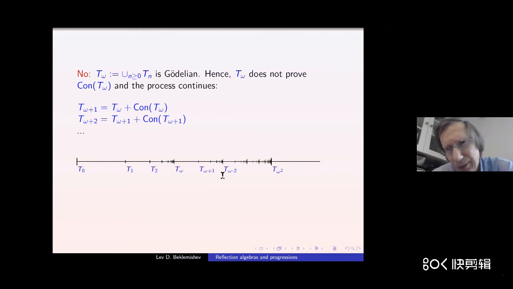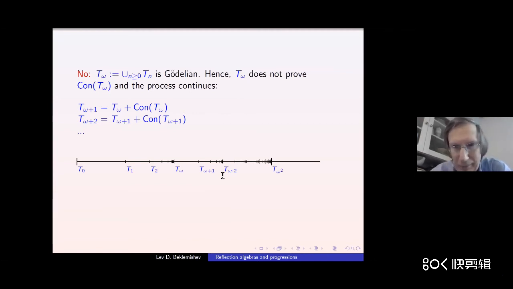Okay, so that's how it looks, and it appears that this process, so to say, never ends. But it has to end, right? There are obvious reasons for it to end, because our theories are Gödelian, they are computable, so in particular they are countable, right?